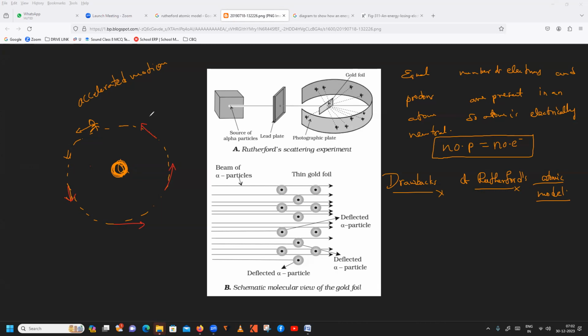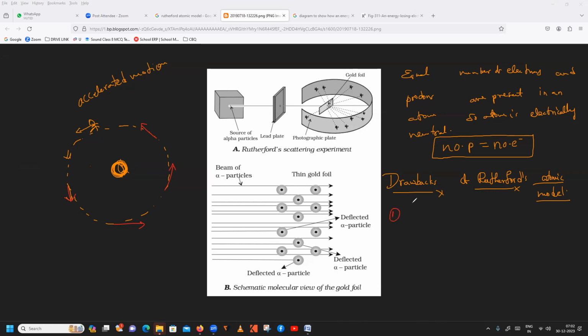It is the same with electrons: electrons are not stable in nature. They are revolving around the nucleus. When they keep on revolving, at a certain time they have to fall into the nucleus. But it is not happening. Why is it not happening? That is the drawback of Mr. Rutherford.